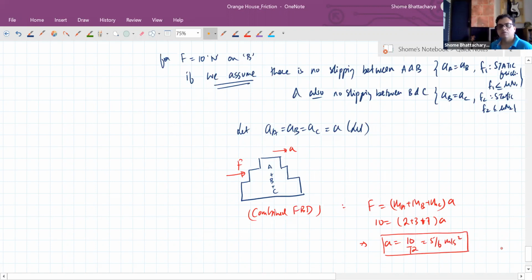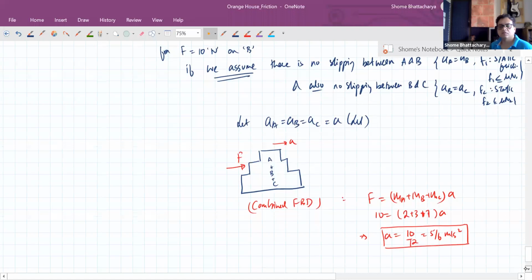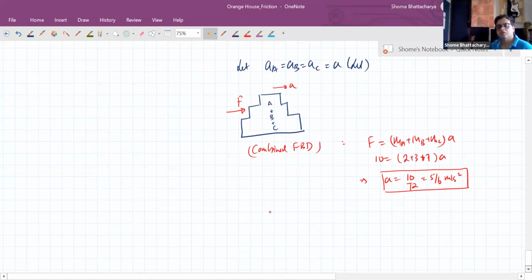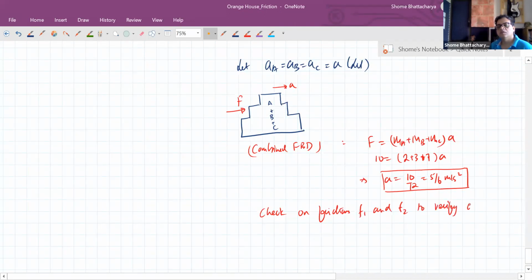Okay. Now we have to check on frictions F1 and F2 to verify our assumption of no slipping condition. This I have to check.